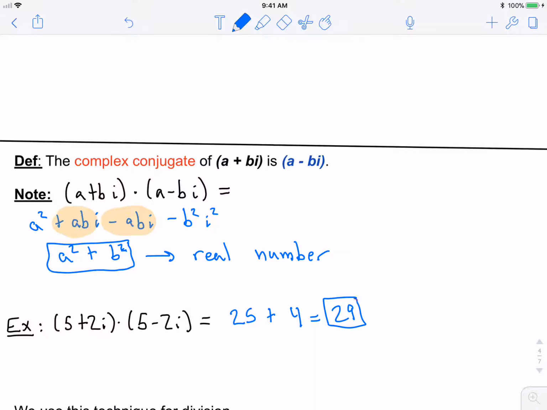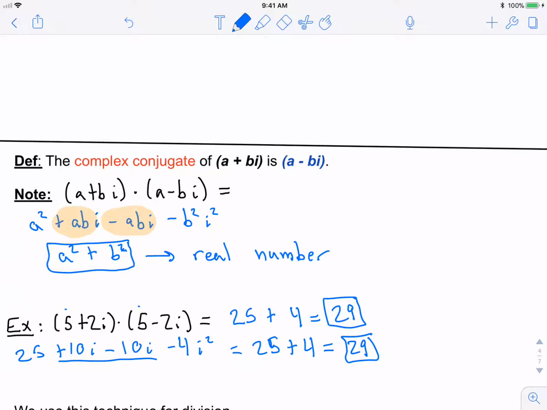So this should just be the real number 29. And if we FOIL it out, we'll get 5 times 5, which is 25, plus 10i, minus 10i, minus 4i squared. Again, the middle two terms cancel out. i squared is equal to -1. So this is 25 plus 4, which is 29. And the shortcut works.